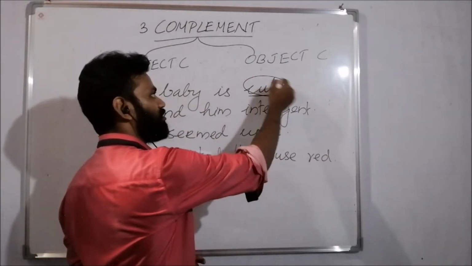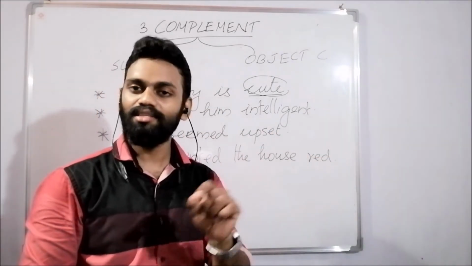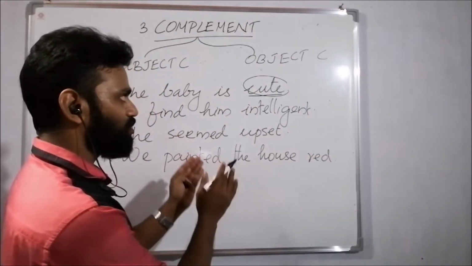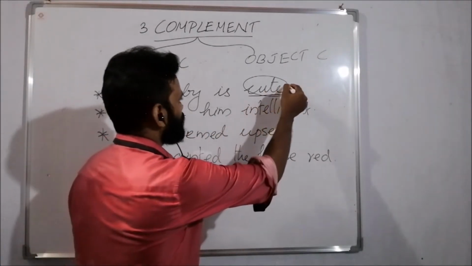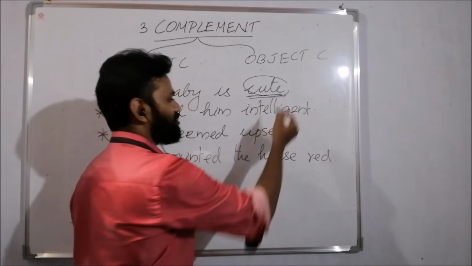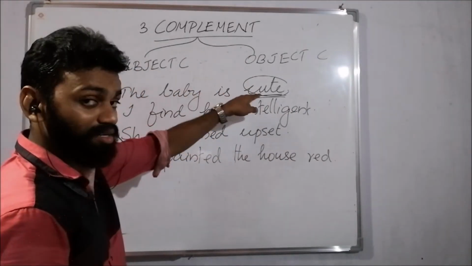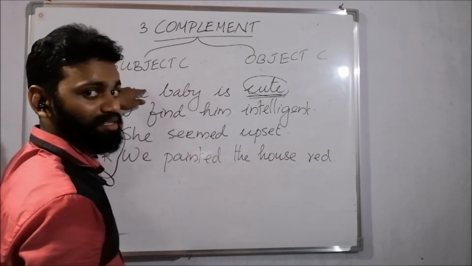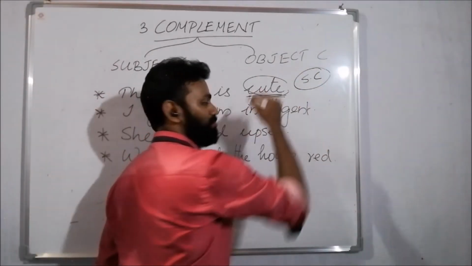Without this word, if you said a sentence like the baby is, the sentence is incomplete. So you need a word to complete that sentence. So you added the word cute and it completes the meaning of the sentence, and this word is qualifying the subject of the sentence. Therefore, this is a subject complement.